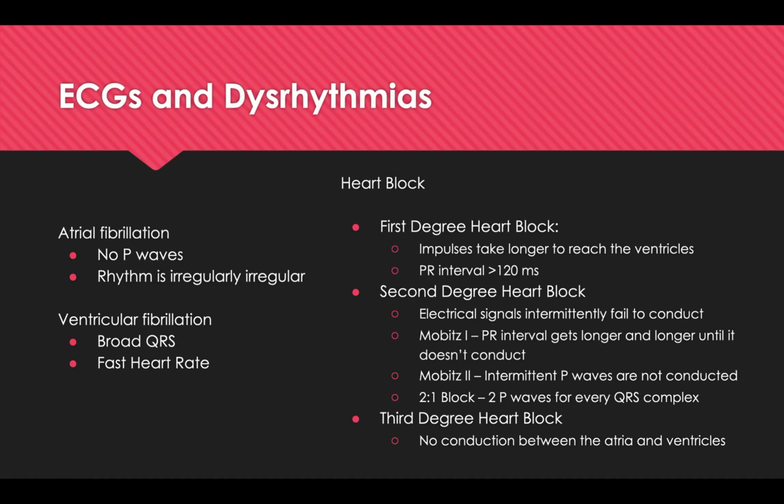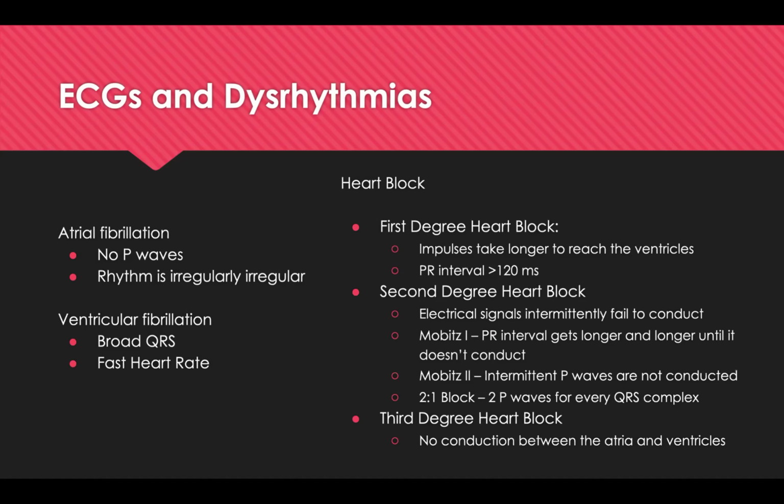Other things to look out for are heart blocks. So this can be various degrees. So 1st degree heart block is the least severe kind, and it just means that impulses take longer to reach the ventricles. And then on an ECG, this is shown as a PR interval of greater than 120 milliseconds.